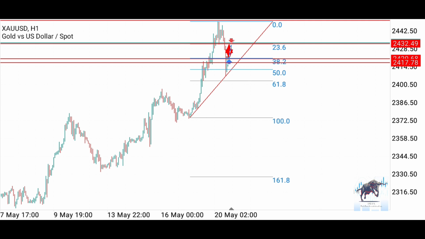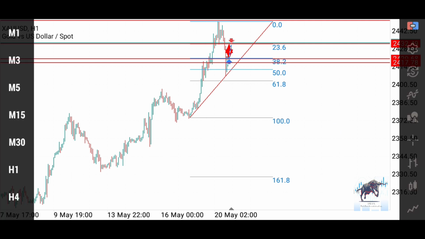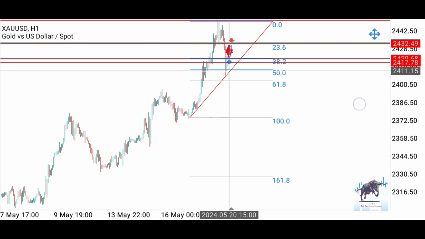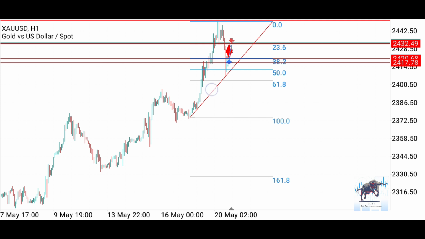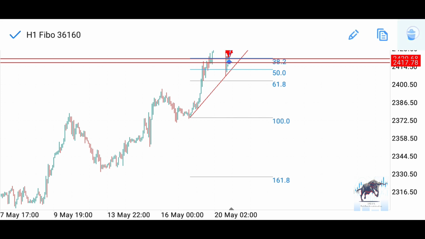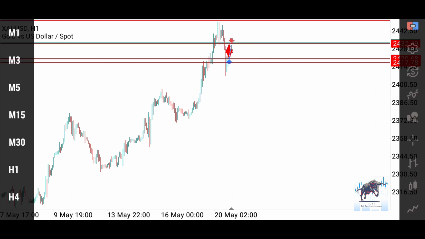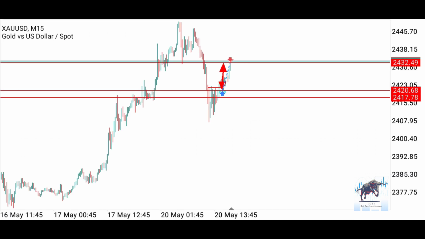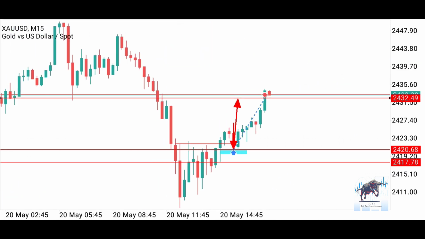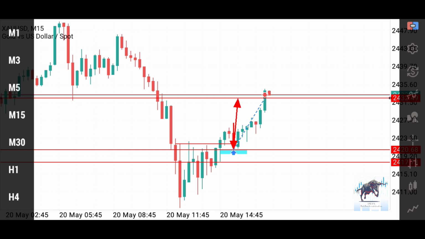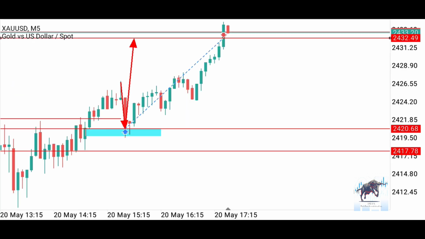We've been on the 1 hour, and we are going to tap in on the lower time frame. So yes, we have confirmed that price got to our equilibrium. I'm just going to delete this for now, and then go in on the 15-minute time frame. Okay, it's still not that clear, so I'm going to try the 5-minute time frame.